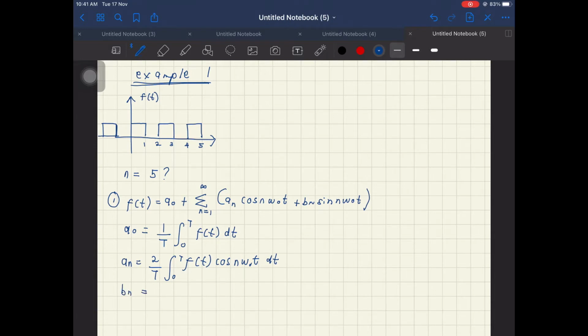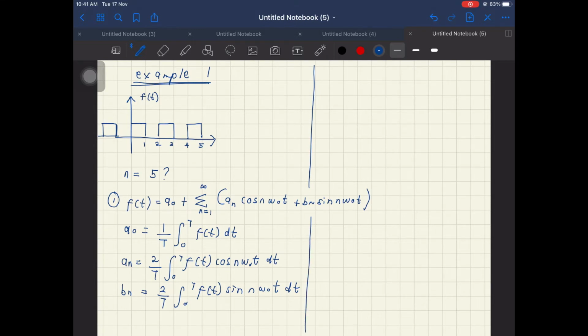And as for bn, like I have told you before in our class, the coefficient is very similar to an, but for an we integrate with cos, while for bn we find the coefficient with sin n omega naught t dt.